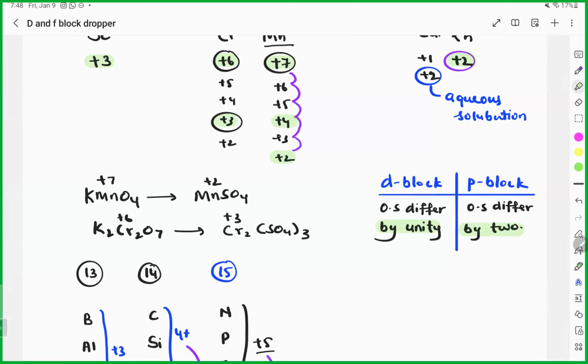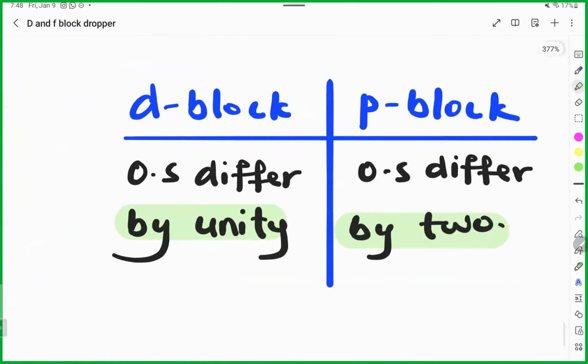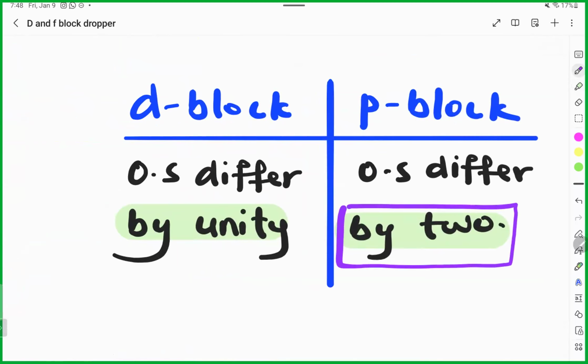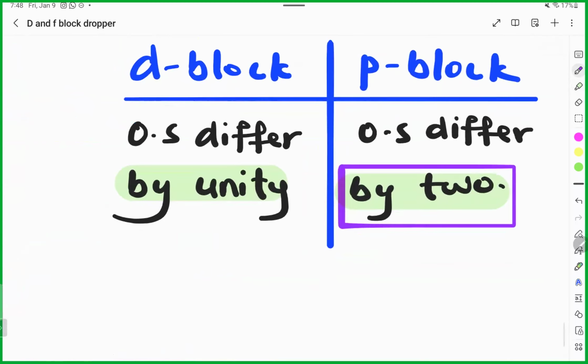What is the reason why, if you go down the group in the p block, there is a difference of 2? What is the reason for this? Is it because of the inert pair effect?